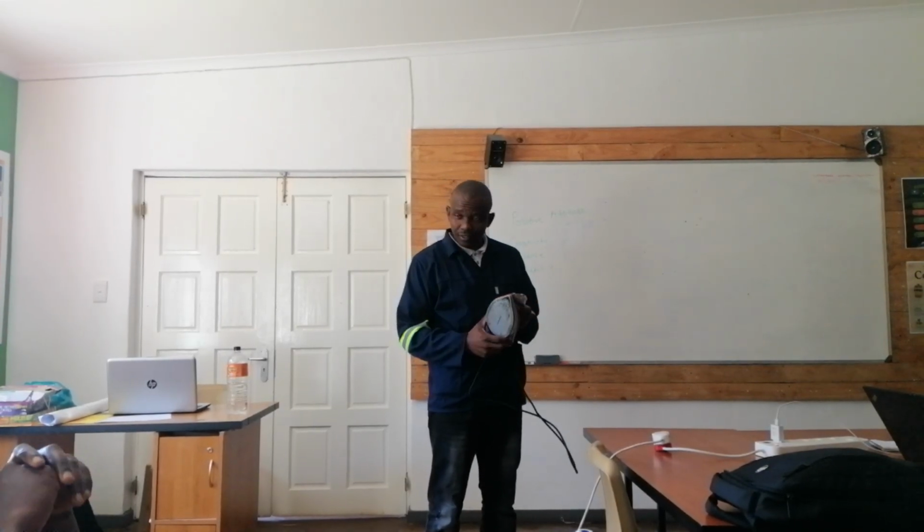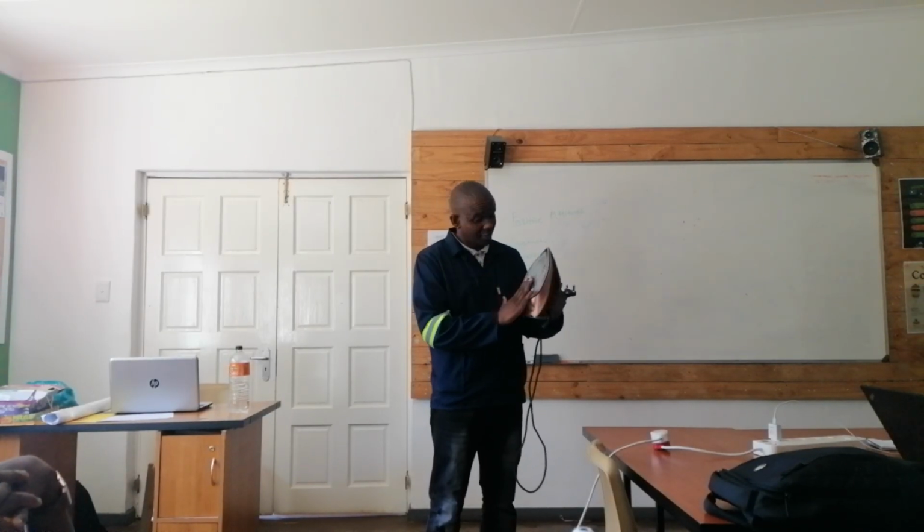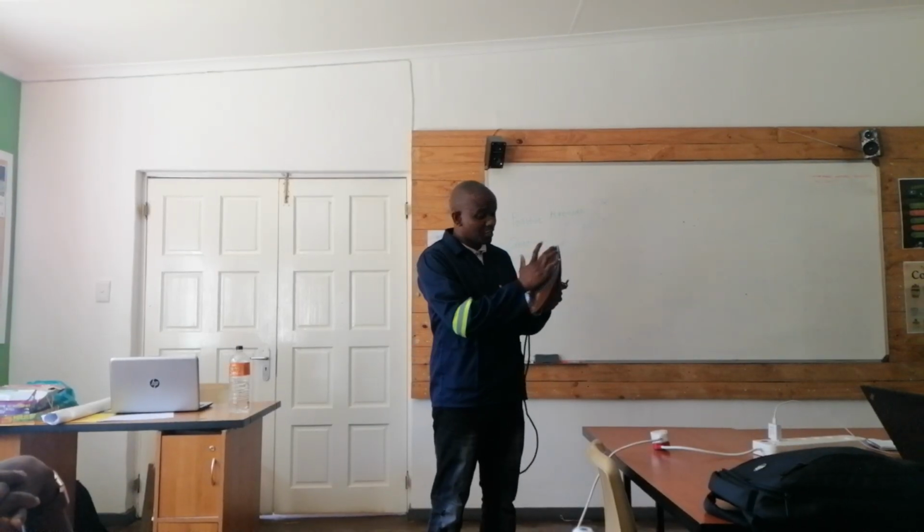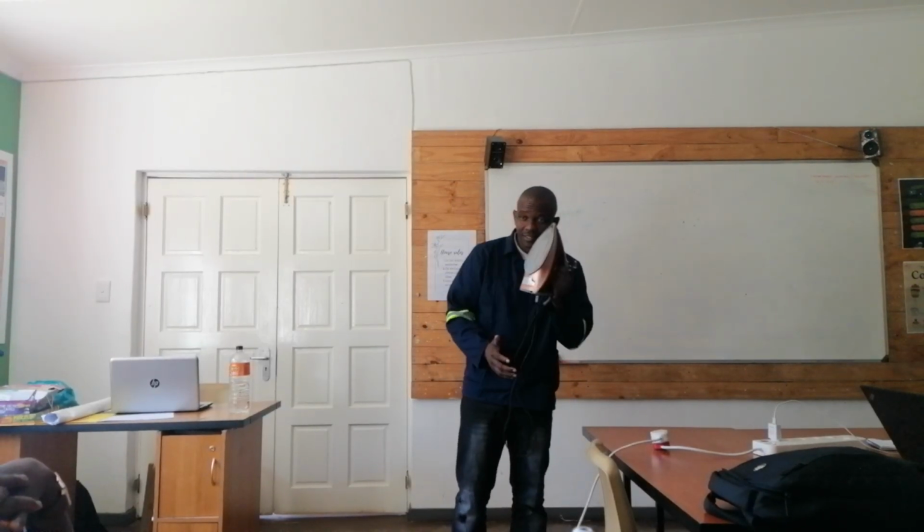The plate. The element is attached to this plate. Normally we refer to this plate as an element, but this is not an element. The element is attached to this, and it transfers the heat to this plate. Then we use this plate to iron.